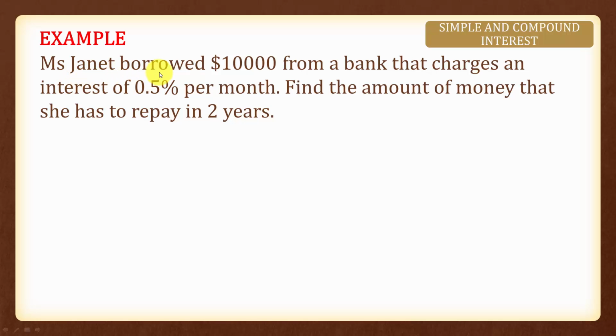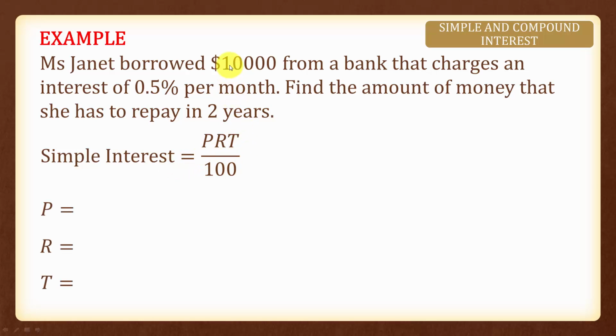Next, Miss Janet borrowed $10,000 from a bank that charges an interest of 0.5% per month. Find the amount of money that she has to repay in 2 years. The formula for simple interest is equal to PRT over 100. The principal amount is $10,000.